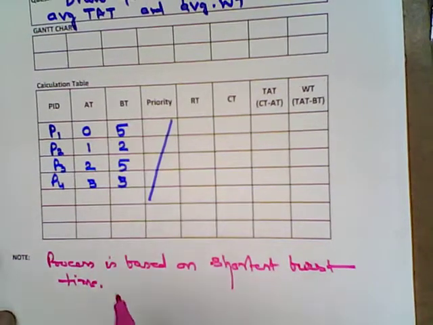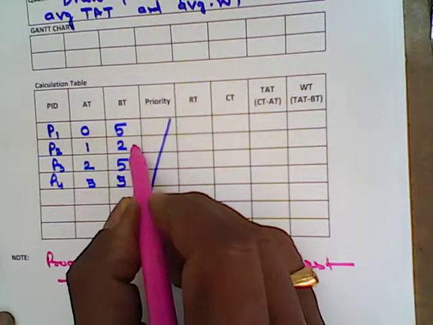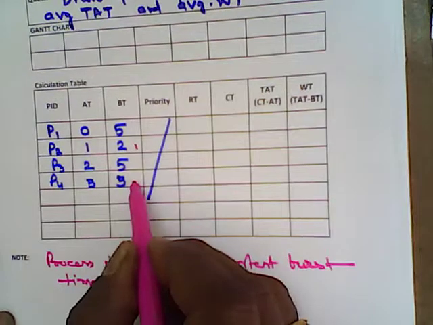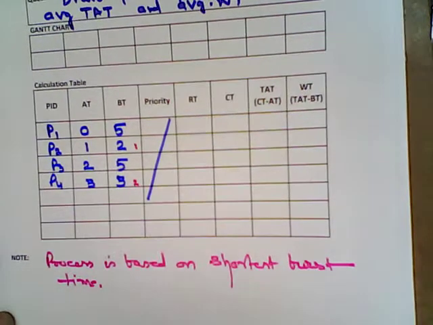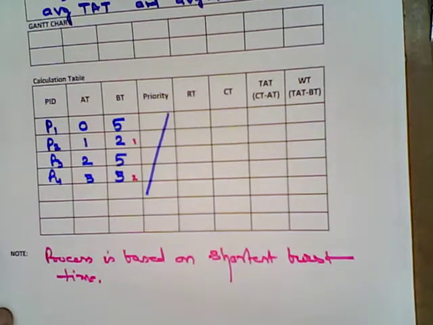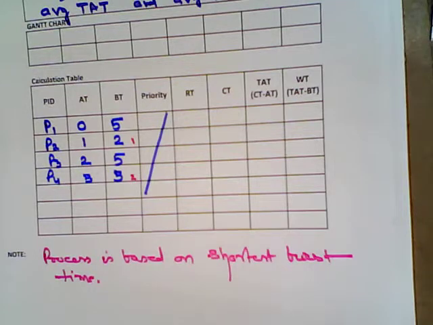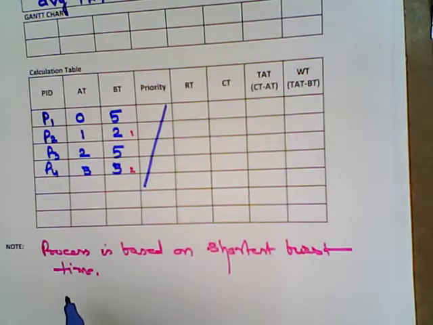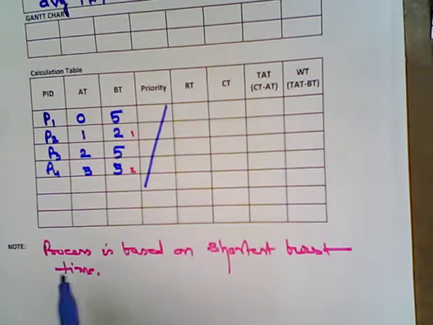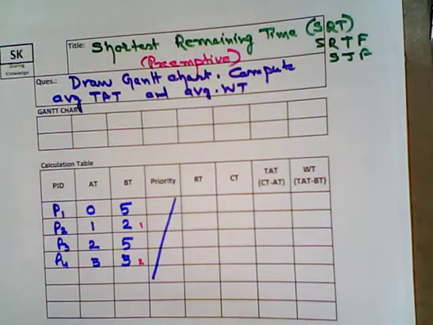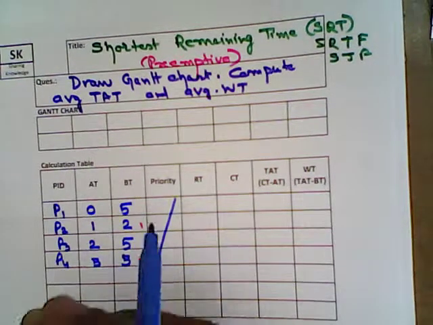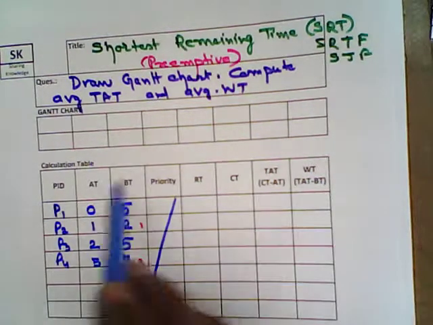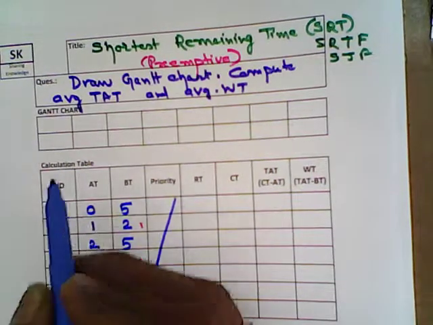You will see that this process is the first shortest, another shortest is this one. So this is the very important criterion under this particular schedule. So let us go with the calculations of the Gantt chart as well as the preparation of the other two factors, average turnaround time and average waiting time.